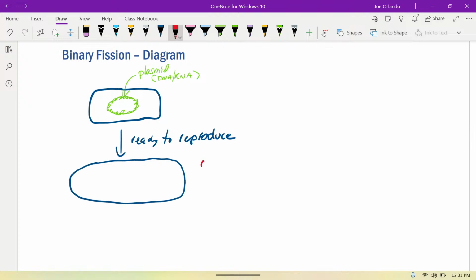All right, so the cell enlarges. And then secondly is that plasmid is going to get duplicated. We're going to make a copy. And I'm just showing them in two colors so it's more clearly two copies. Does that make sense? But the other thing is the DNA or the RNA is duplicated.